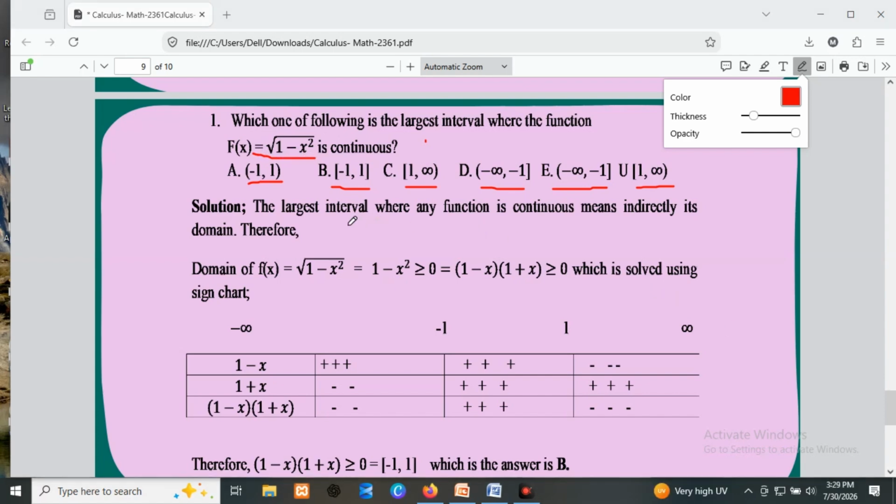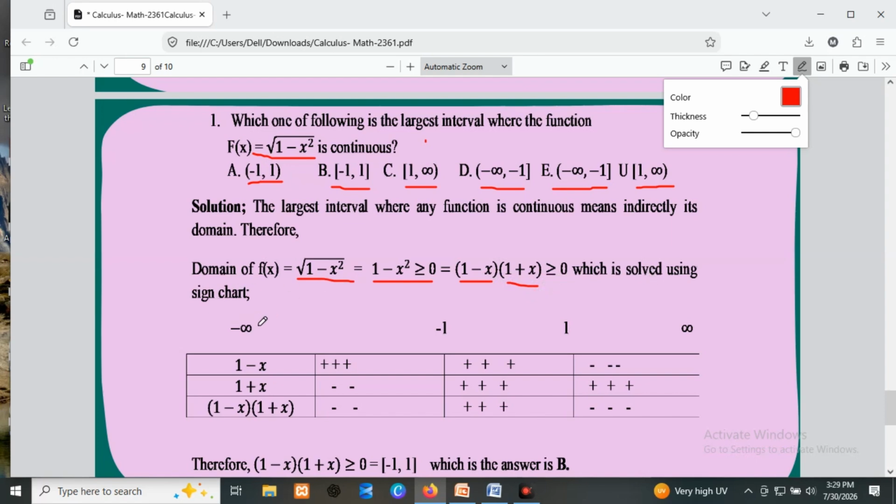Okay, let's check the largest interval. The given function is f of x equals the square root of 1 minus x squared. Since this is a square root, the expression under the square root should be greater than or equal to 0. Check its domain: factorize this, 1 minus x times 1 plus x should be greater than or equal to 0, which we solve using the sign chart.